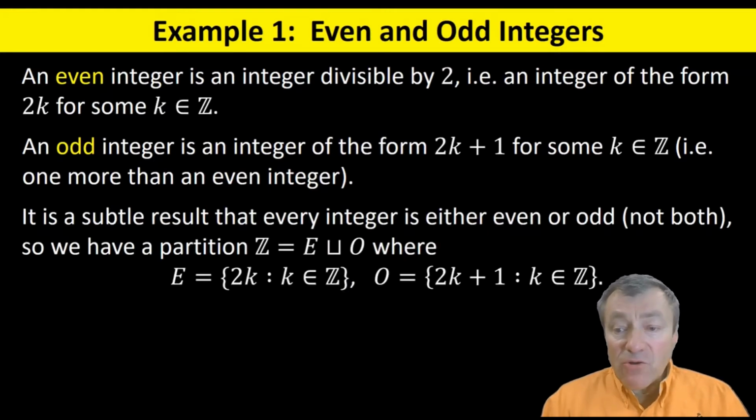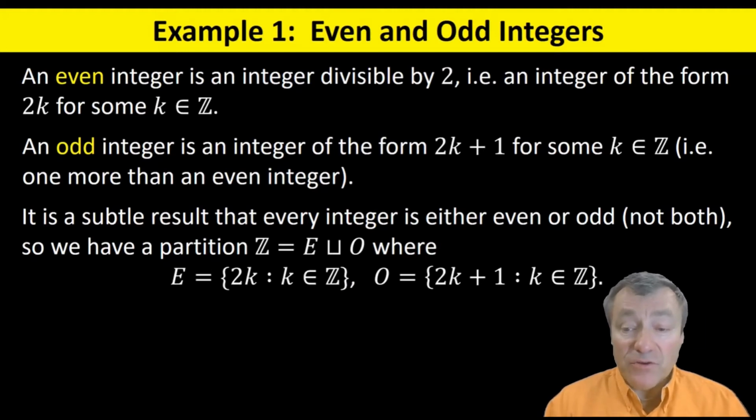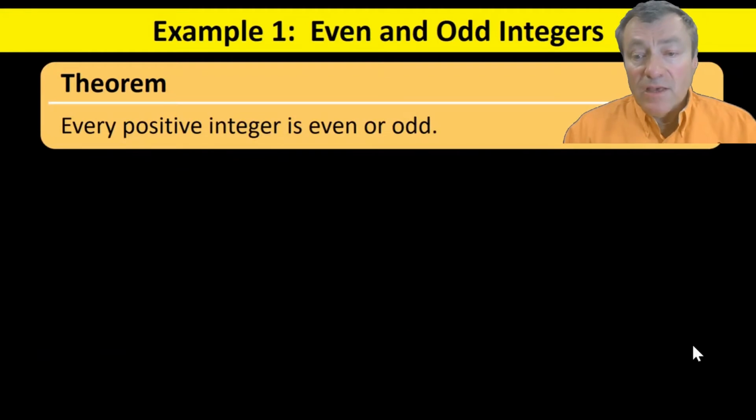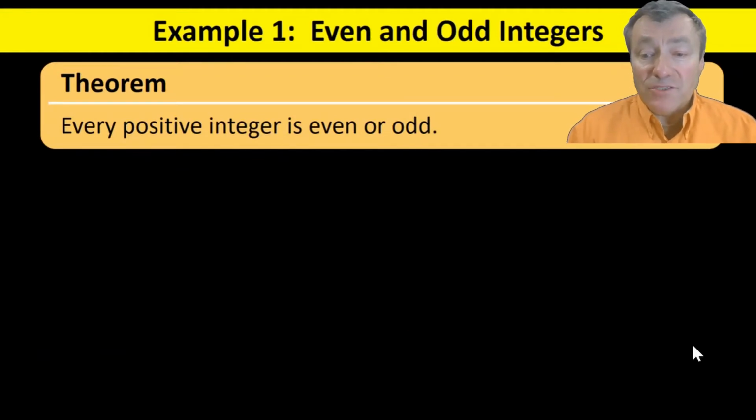The result we require is that this gives us a partition of the integers into 2 parts, the evens and the odds. The assertion here, which must be proved, is that every integer is either even or odd and never both. Let's talk about the proof of at least part of this statement, for which we can use mathematical induction. I will show you that every positive integer is either even or odd.